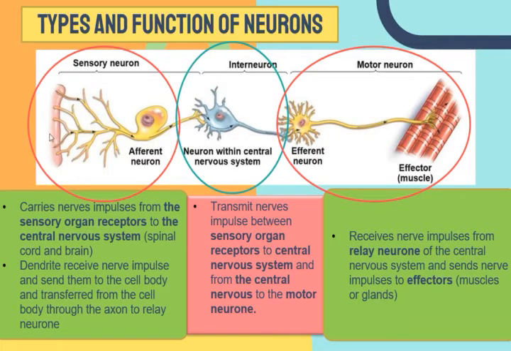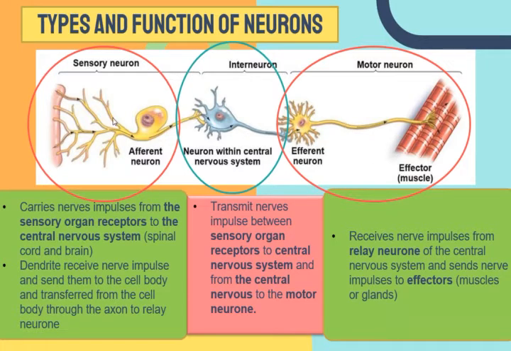These three types of neurons are very important in the transmission of the nerve impulse. Make sure you know the location of the sensory neuron, the interneuron, and the motor neuron.